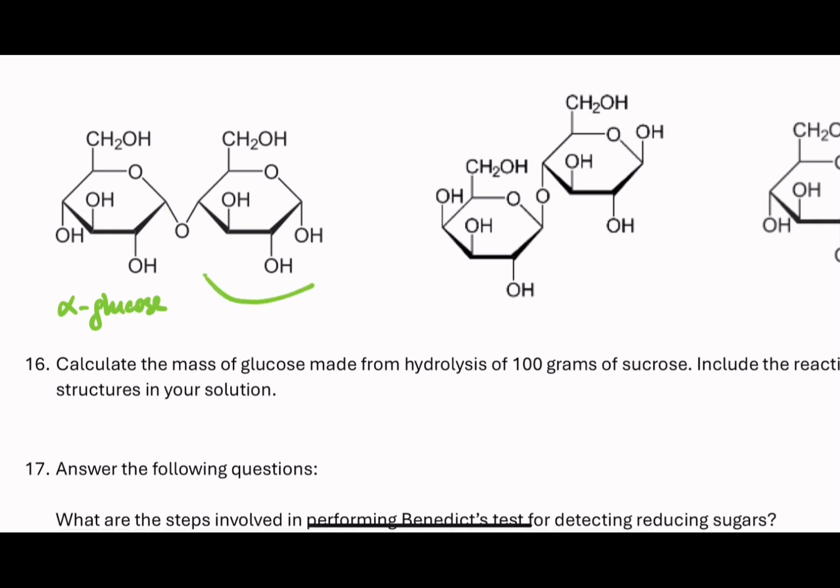And then we have another alpha glucose. When alpha glucose and alpha glucose make a disaccharide, it's called maltose. So you write alpha glucose plus alpha glucose gives you maltose.